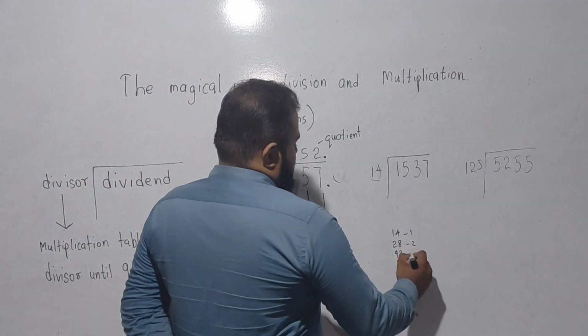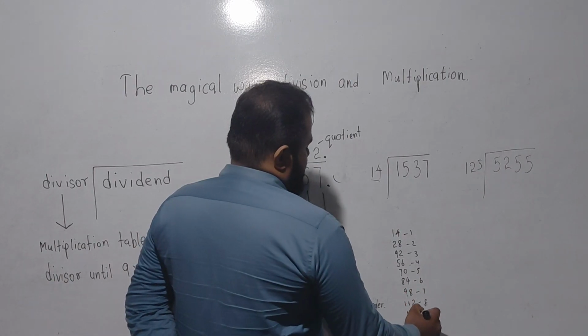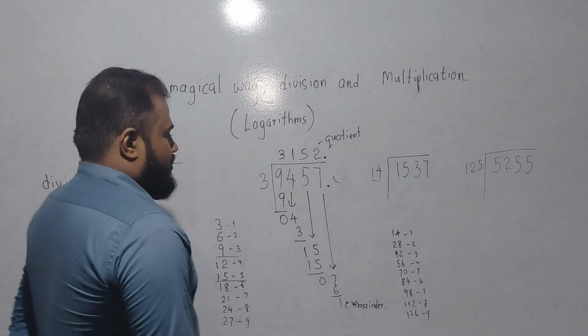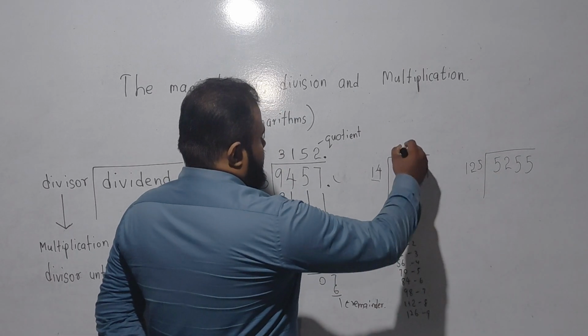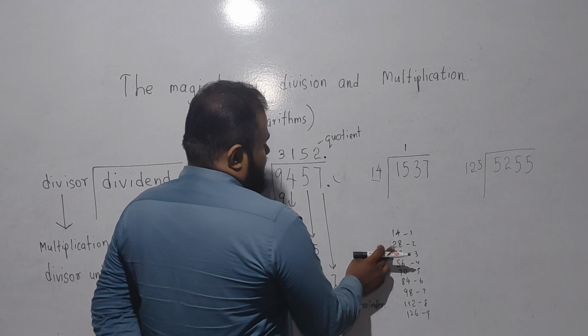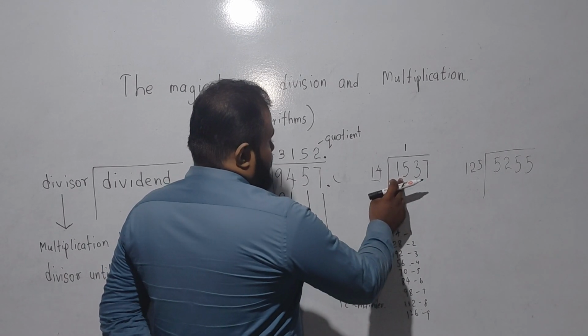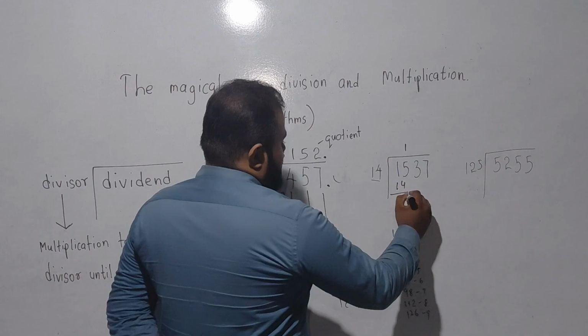This is 1, this is 2, this is 3, this is 4, this is 5, this is 6, 7, 8, 9. Okay. If we divide, 15 has how many 14s? 1. Because to be 2, it should be greater than 28. So for 15 it's 1. 1 times 14, 14. 15 minus 14, 1.